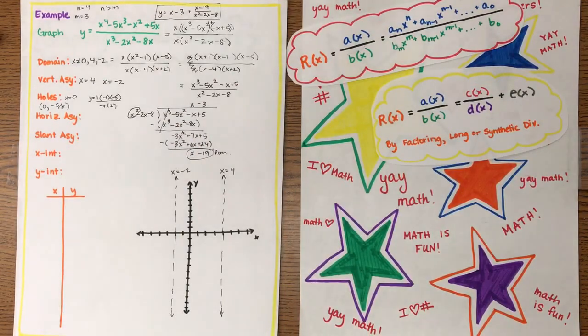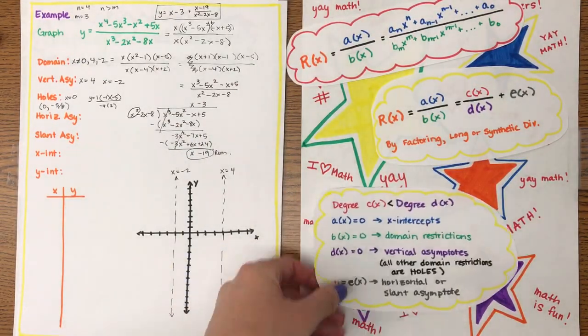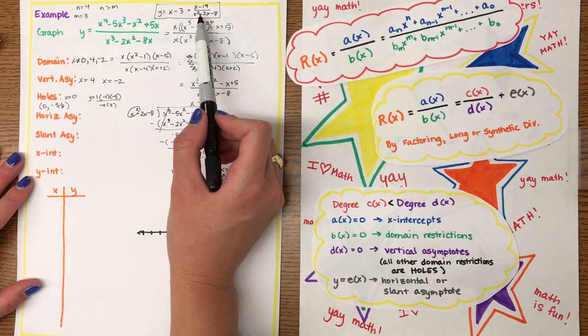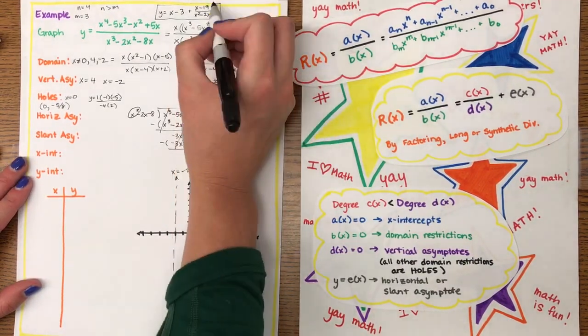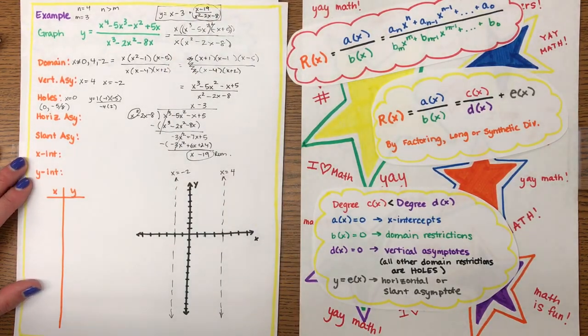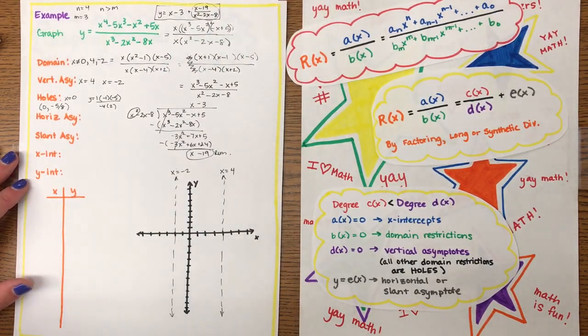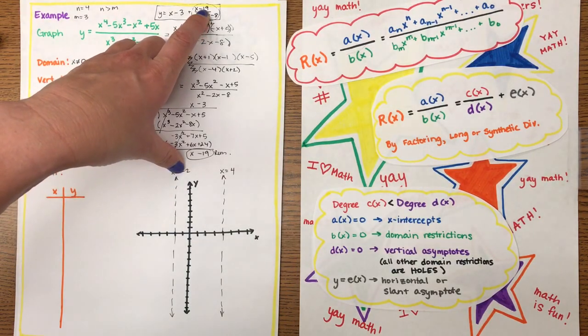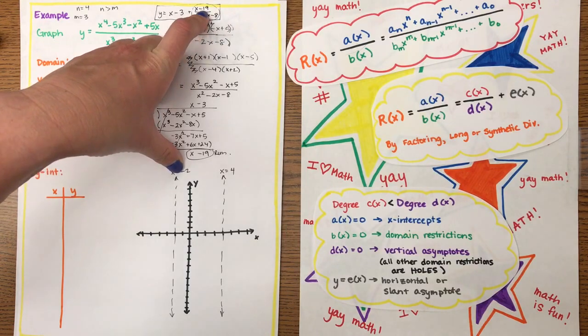Why do I care about that? Well, the degree of the numerator is smaller than the degree of the denominator. So that means that this piece here is going to approach 0 when x gets really, really big or really, really small. This quantity in the denominator is getting much bigger than the top, so this goes to 0.